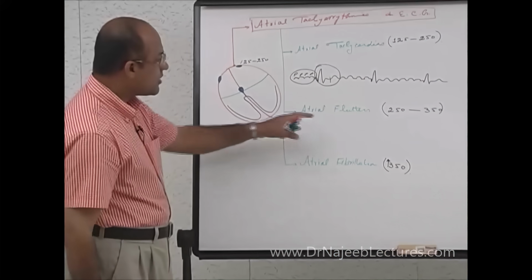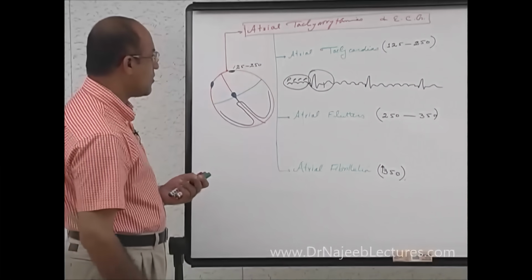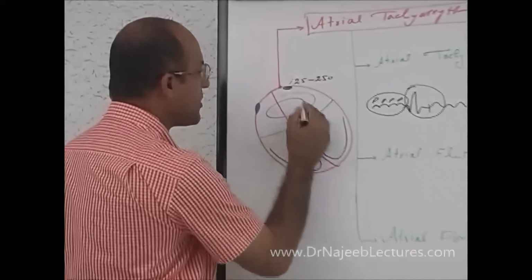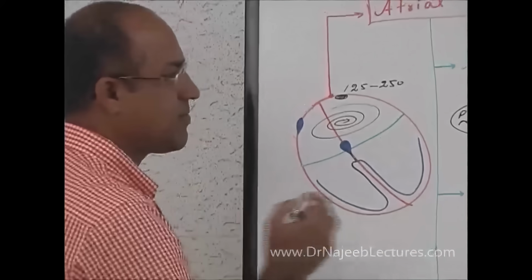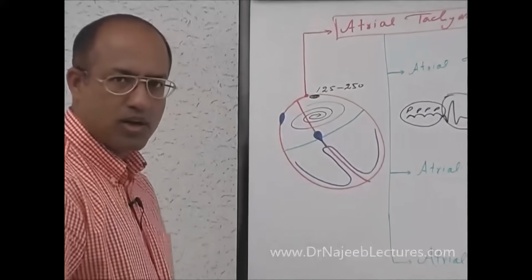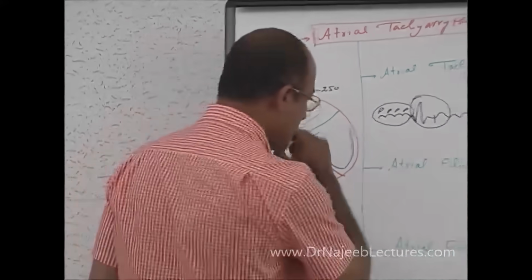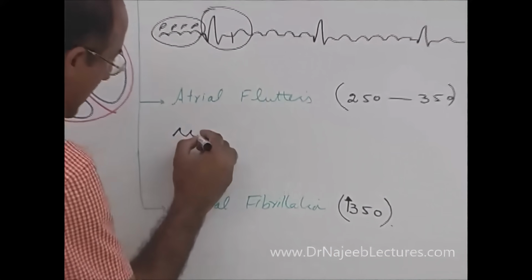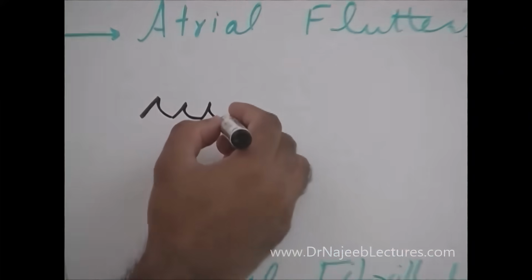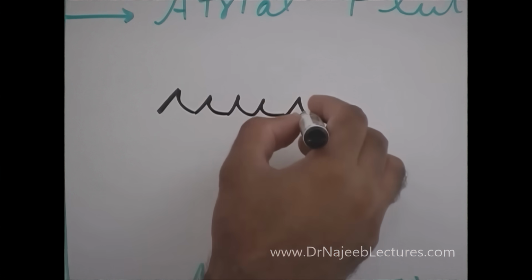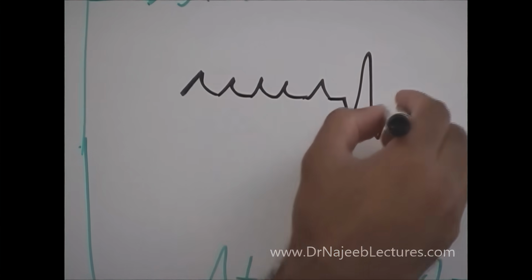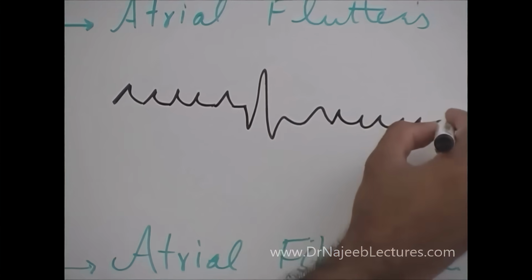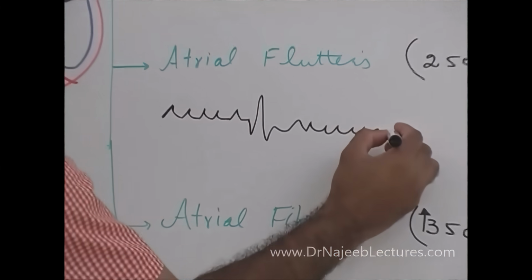Now, in case of atrial flutter, the electrical activity in the atrium becomes really very fast. In this case, what you see are a special type of waves, and they are not well-recognized P waves. Then there may be a QRST complex, and after that again sawtooth-like waves.